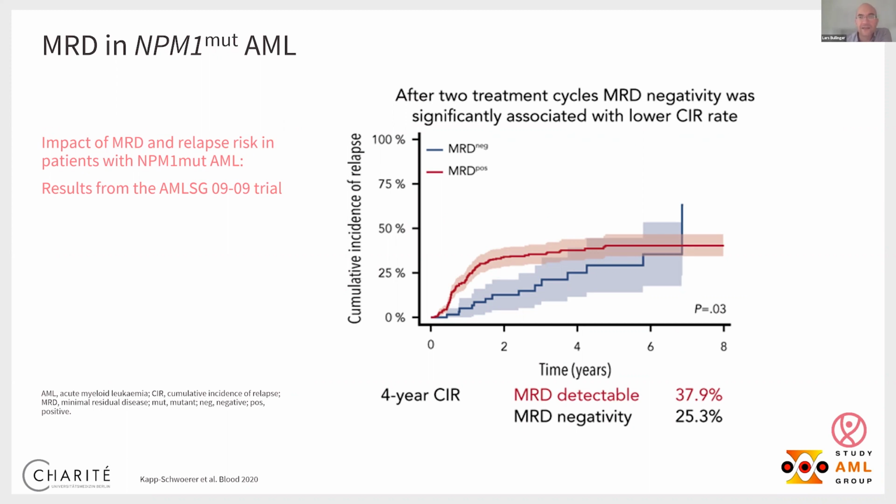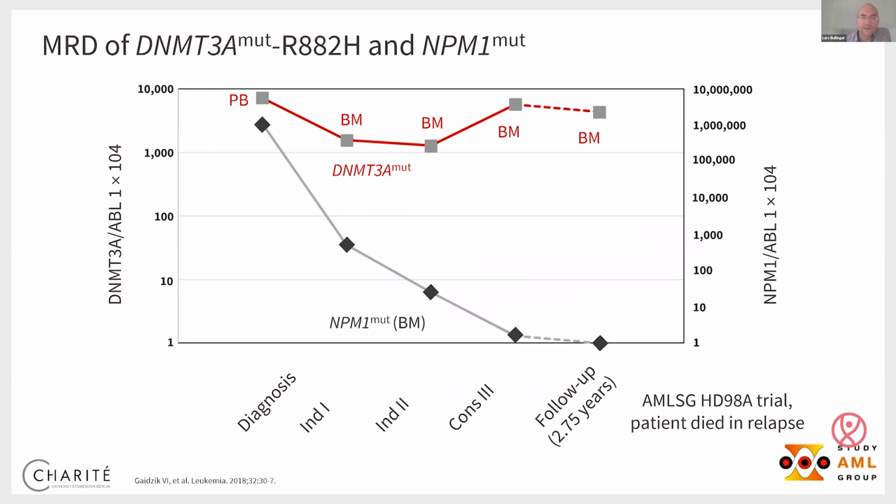And on the other hand, the question would of course also be whether we could use MRD to further guide our decision in these patients. So you all know that MRD is also a valuable marker for NPM1 mutant AML.